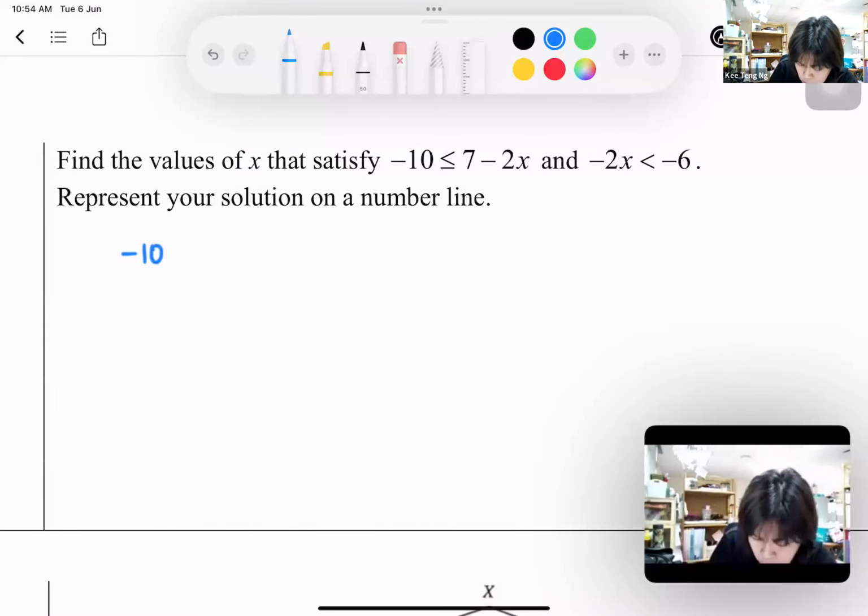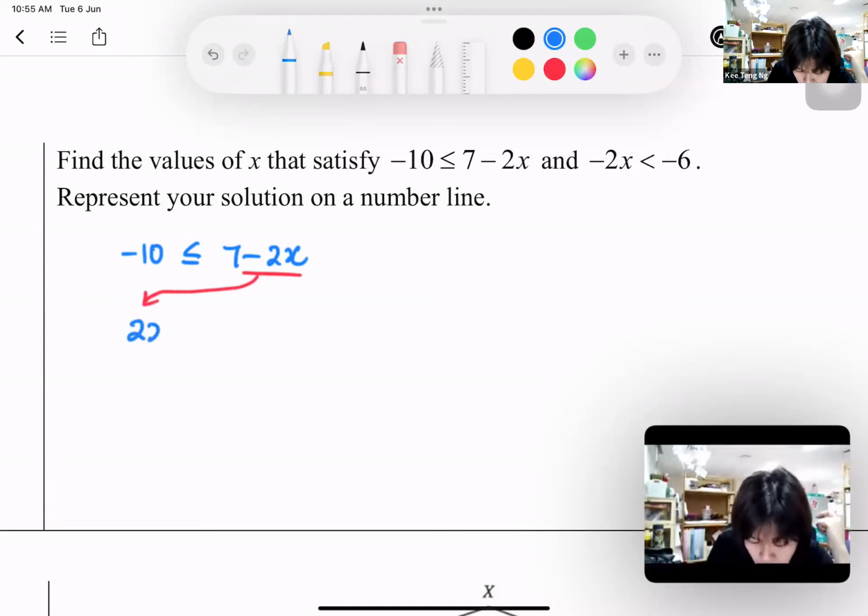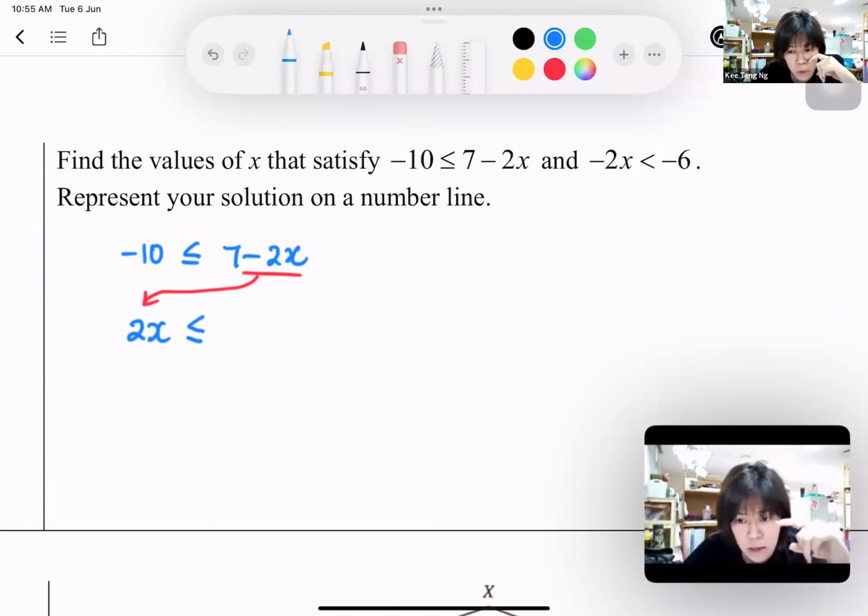The first condition is -10 less than or equal to 7 minus 2x. As usual, I try to make x positive, or make x on my left-hand side the subject. So I'll bring my x over here, and this becomes positive 2x. I'm doing addition and subtraction now, not division, so notice my inequality sign did not change.